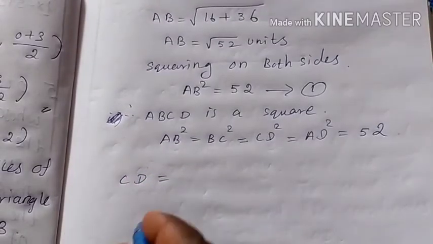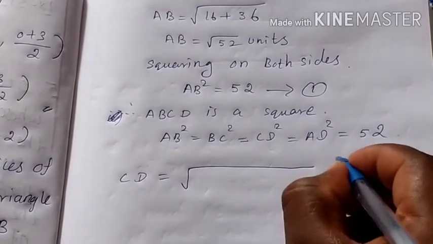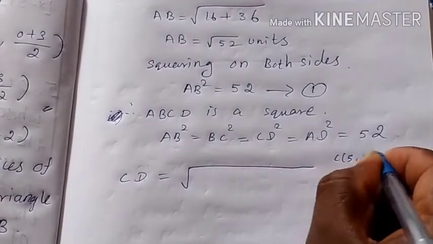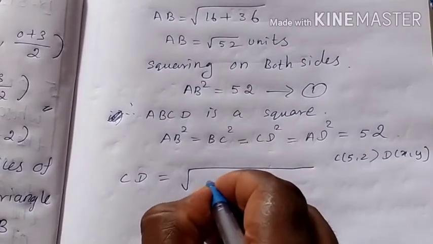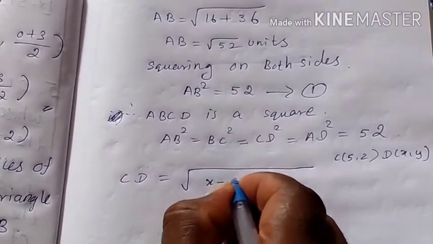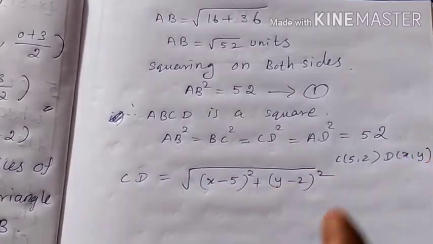CD is equal to the square root of, compare C and D. C is 5 comma 2 and D is x comma y. Apply the formula: x2 minus x1 the whole square plus y2 minus y1 the whole square.